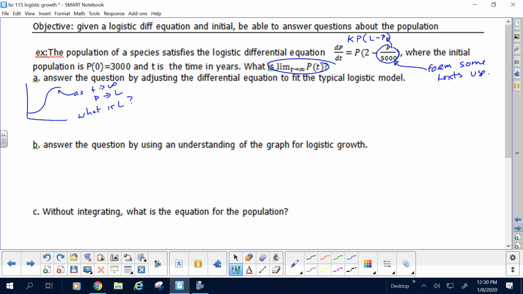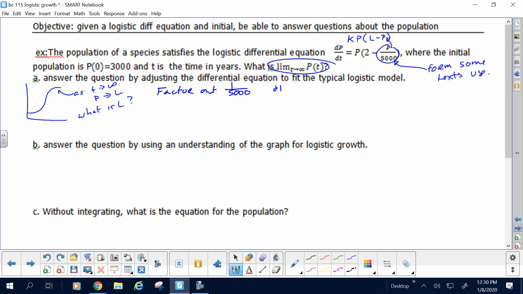Okay? Our form uses a straight up P, nothing else, no coefficient. So to get it to be like our form, we need to dump the 5,000 or somehow algebraically tweak this so that 5,000 is not there. What could we do? Factor out a 5,000.